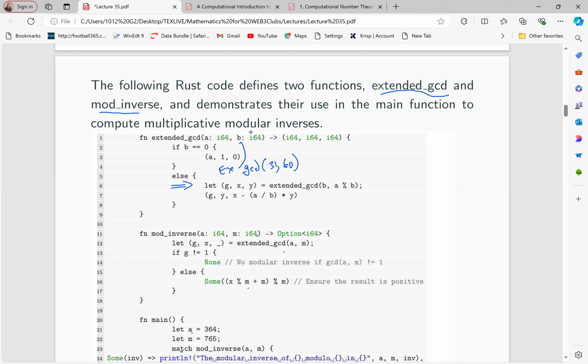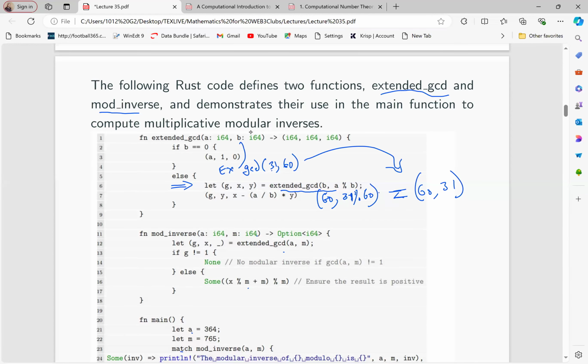The result of this call is B, in this case 60, and then the remainder of A on division by 60. What is this? The remainder of 31 on division by 60 is 31. So the result of this is this. That is the initial call.